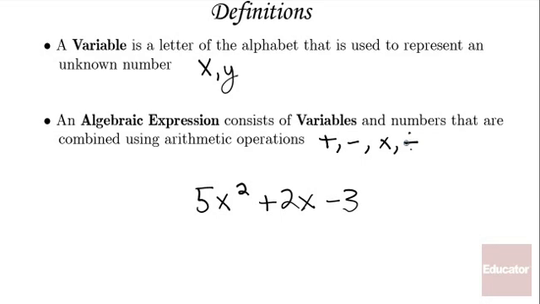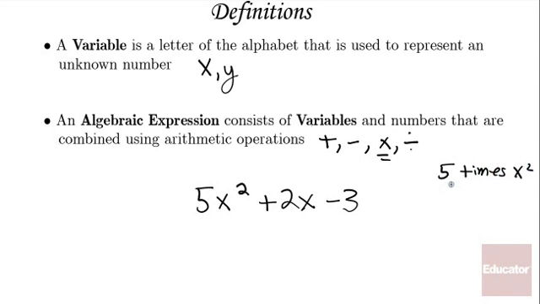Something you'll notice is that we no longer usually use an × in algebra to indicate multiplication. You can see how that would be confusing if we used ×. Look at 5x². What I'm actually saying is 5 times x².